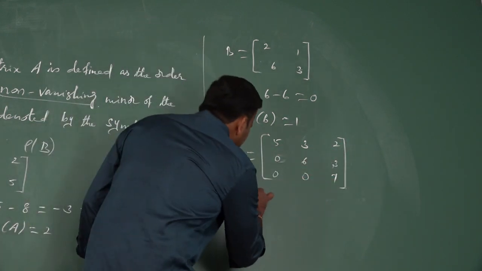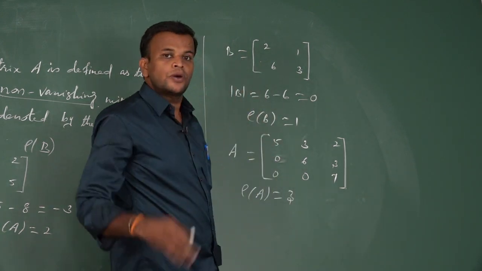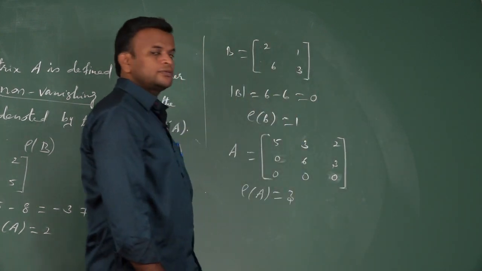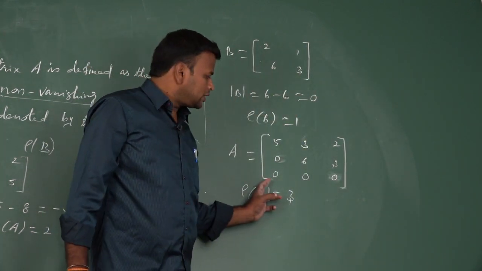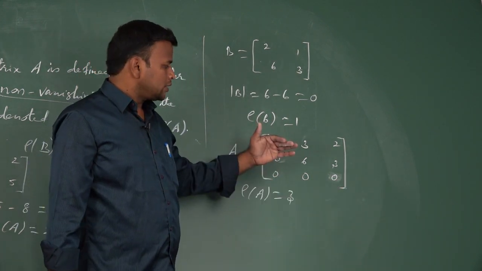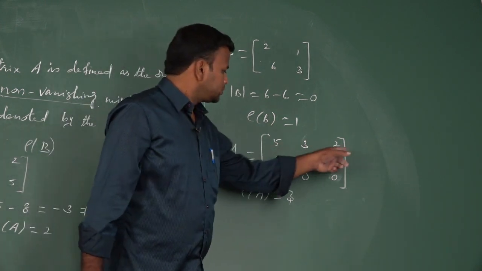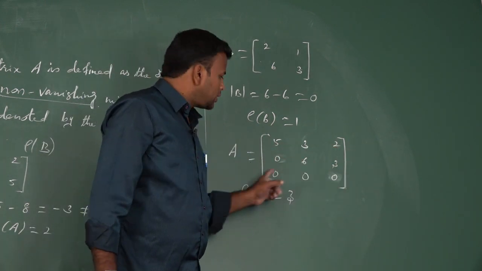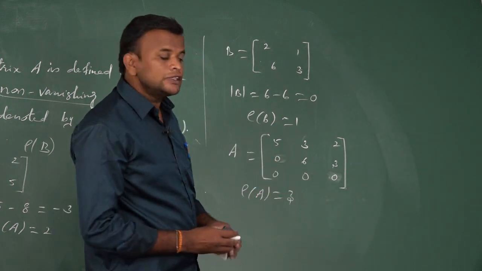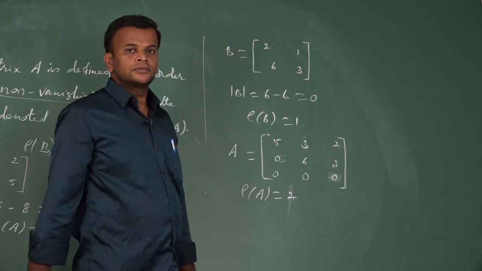So rho of A is equal to 3. Suppose this element also becomes 0. You see the last row becomes fully 0. Now how many non-zero rows? 1, 2. The third row is fully 0. Now we say the rank of the matrix is 2. So rho of A is equal to 2.